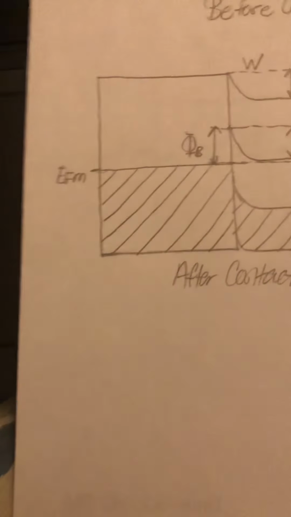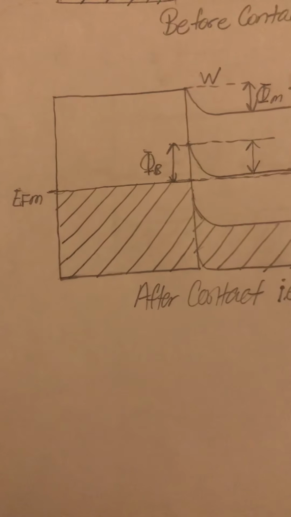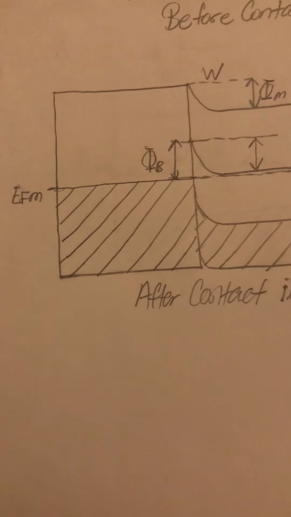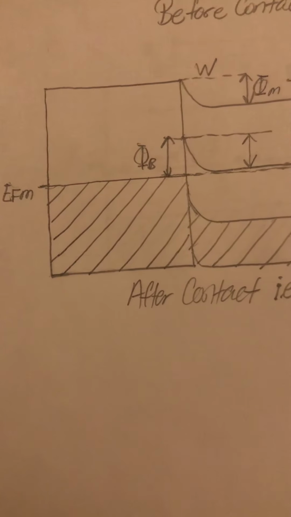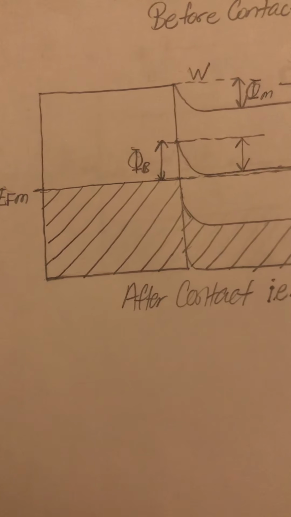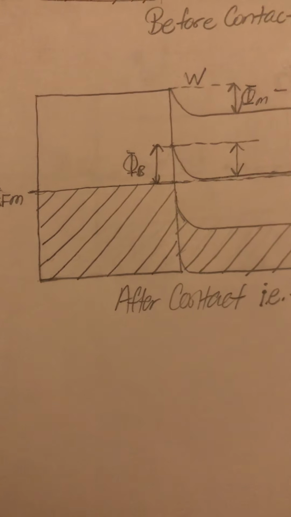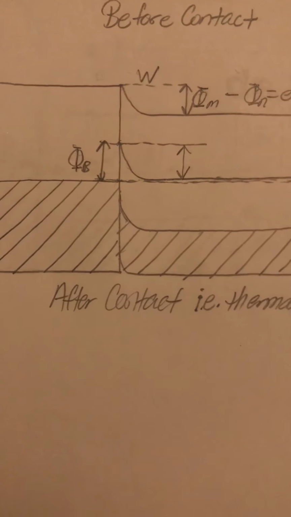And then you also have the work function barrier, which is the Schottky barrier height, which is the potential energy barrier for electrons moving from the metal to the semiconductor. So that's what this difference is right here.